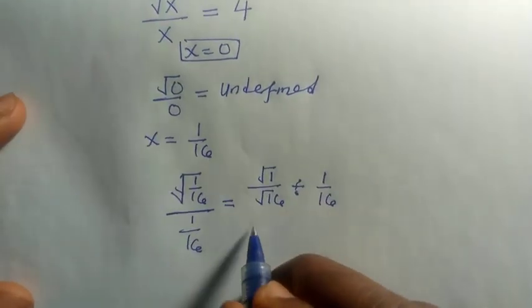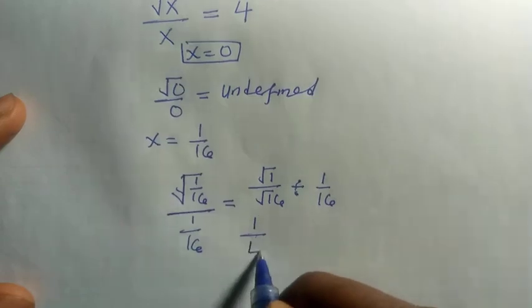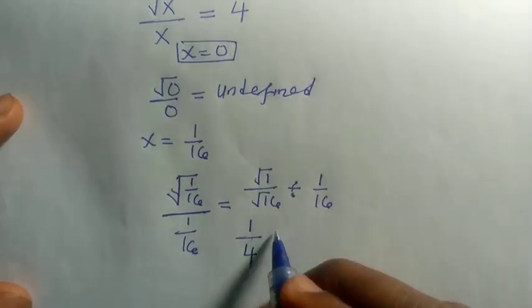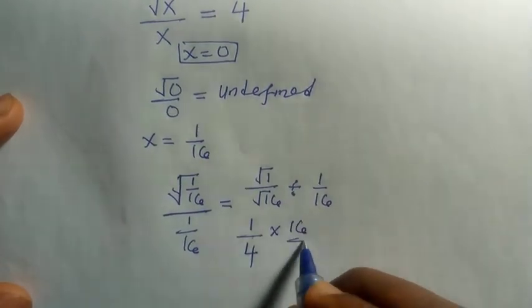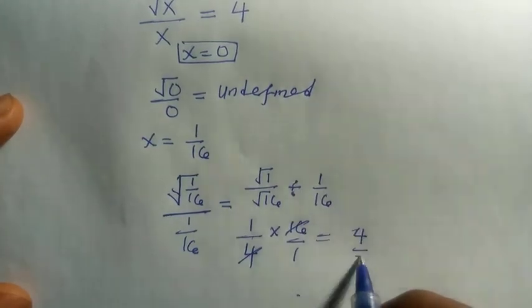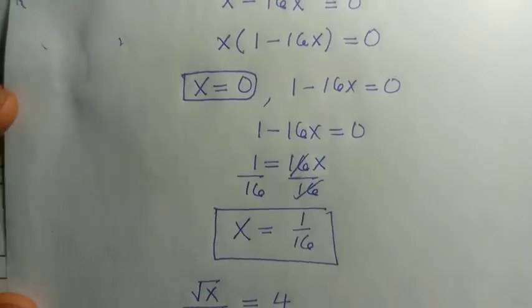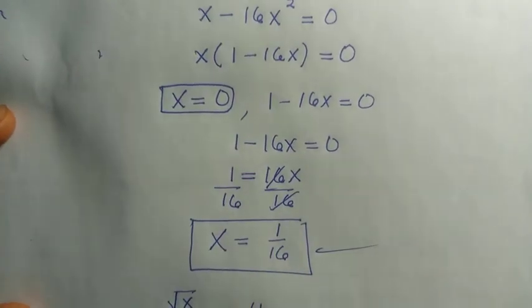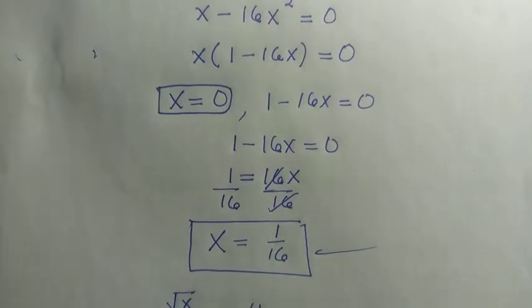So we have square root of 1, which is 1, divided by square root of 16, which is 4. Then by reciprocal, we multiply it by 16 divided by 1. When we cancel, we get 4. That is, the left hand side equals the right hand side, as x equals 1 over 16 is the solution that satisfies this problem.